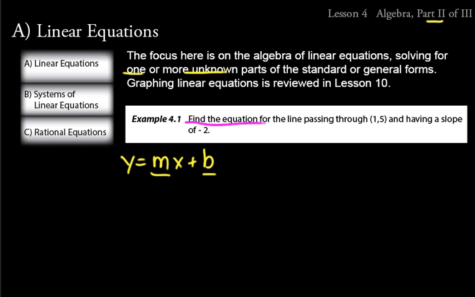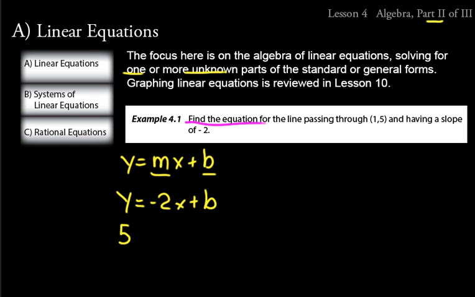In a point-slope problem like this, you've been given the slope of -2. Substitute that in: y equals -2x plus b. Now how do you find b? You've been given a point, x comma y equals (1, 5), so substitute that in. Make sure you put the y value of 5 first. Just because it says (1, 5), don't write 1 equals -2 times 5.